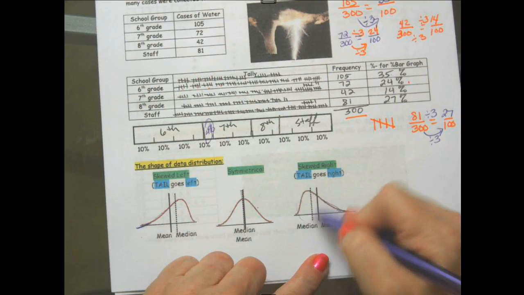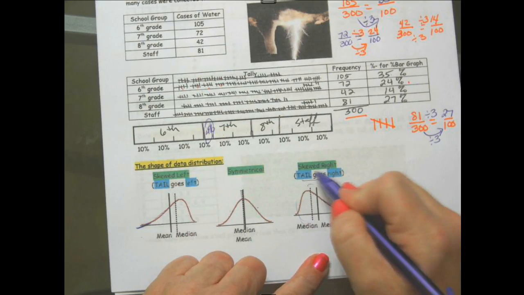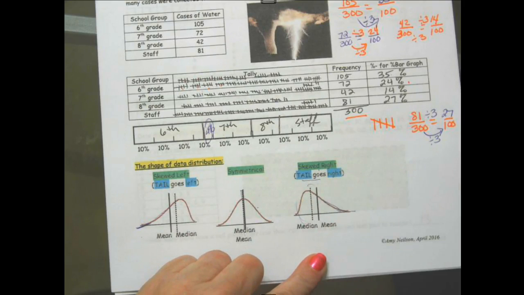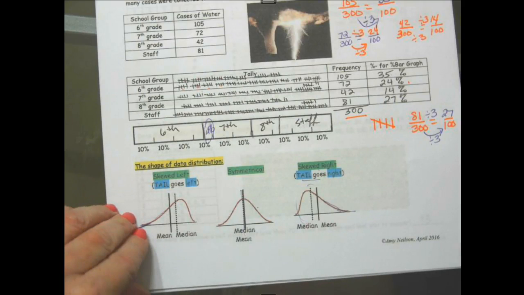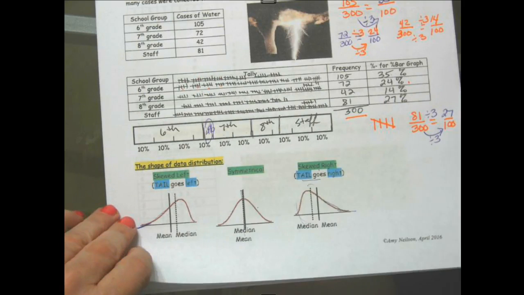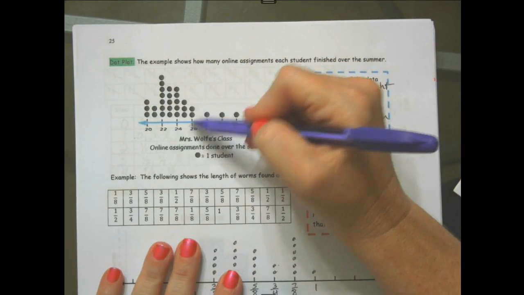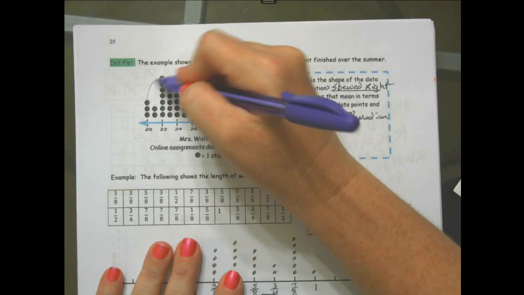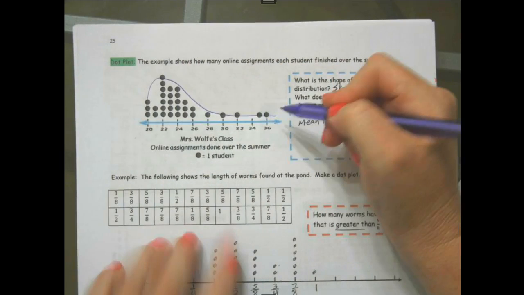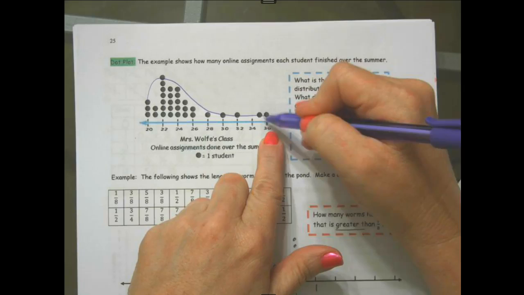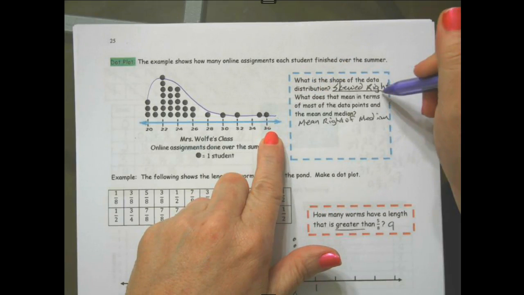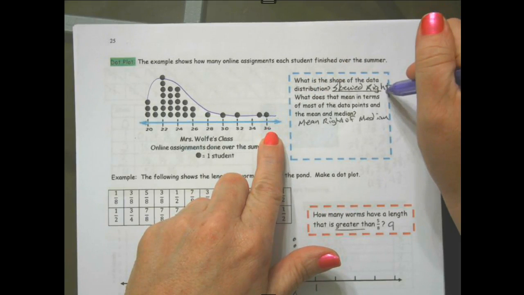There's more data on the left, so it is skewed right. You see, most of our data is on the left, and the tail goes to the right, so it is skewed right.